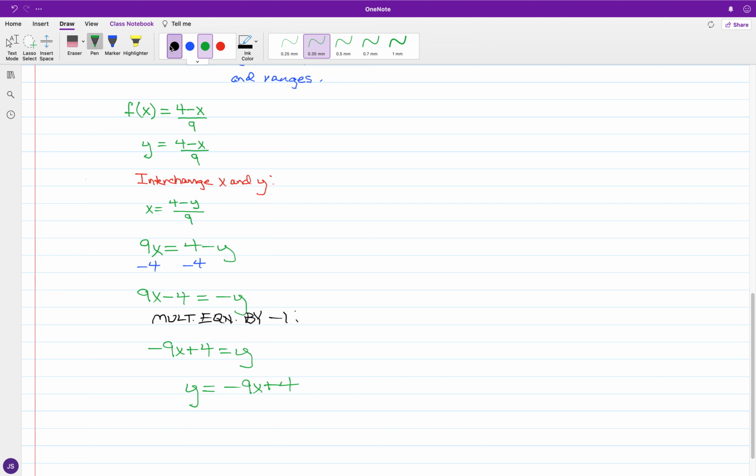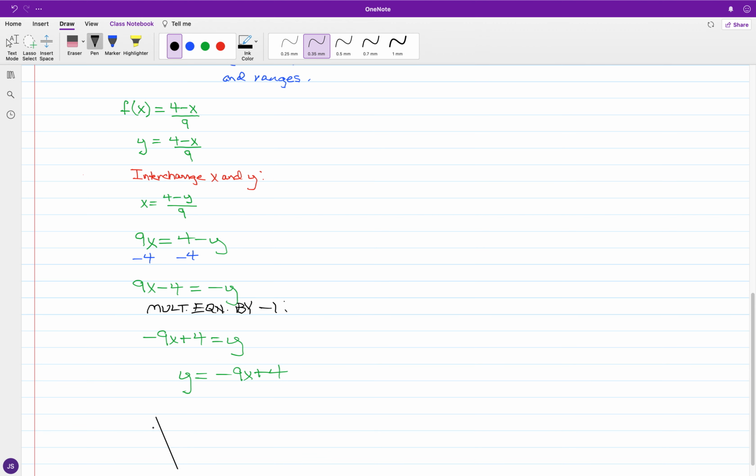And then just formally declaring the inverse, we start out with f of x, and so the inverse of f of x is going to be equal to negative 9x plus 4.